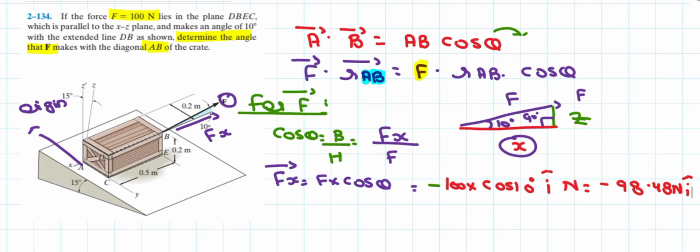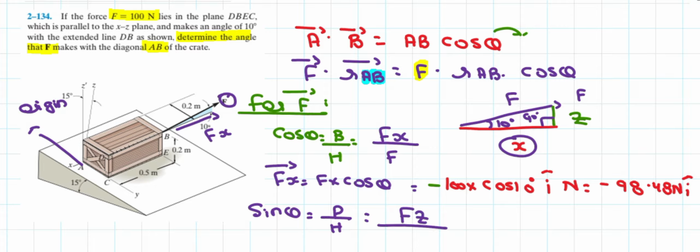And similarly, this is for the cos theta. What about the sine theta? We know that sine theta is equal to perpendicular upon hypotenuse. Now if you look at my triangle right here, the blue one, the opposite side of theta or 10 degrees is the perpendicular, and in our case this is Fz.